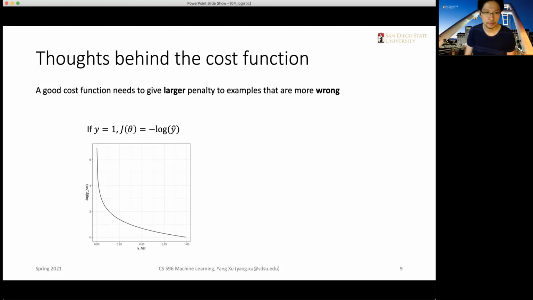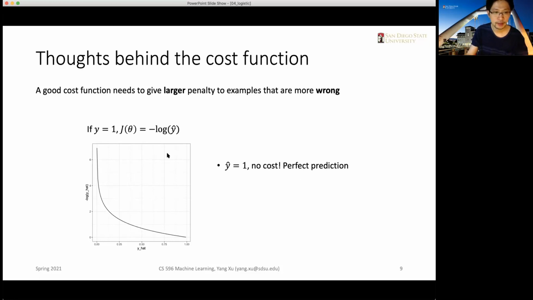For example, in this case, when the ground truth is 1, the cost function is the negative of the logarithm of y hat, and I also ignore the sigma operators here. All right. So if our y hat is 1, then that means it's a correct prediction. So we should give no cost, right?